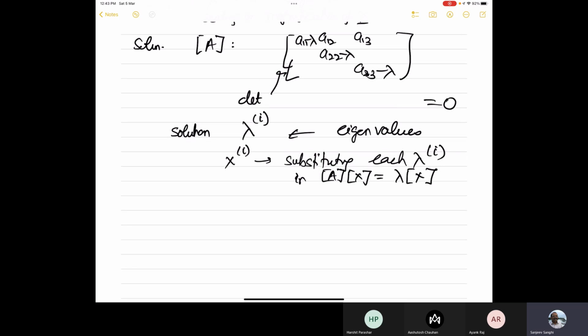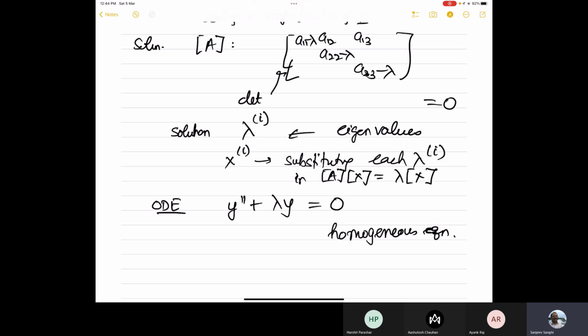Now, what does this have to do with differential equations? At least this was perplexing to me also. But this is what happens, and we will use this when we do hydrodynamic stability theory. So now let us look at a simple ODE, and I'm sure you know the solution of this. Y double prime plus lambda y is equal to 0, and this equation is a homogeneous equation.